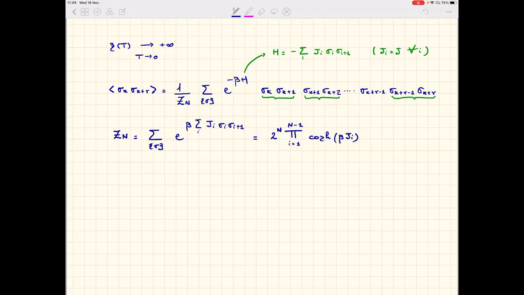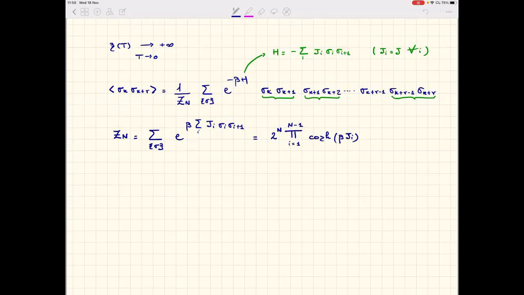So it's the average of products of spins at two different space points. Okay. Why use this average of products of spins? Well, that you understand very well. If I know that this average is positive, I know that my spins are correlated. Why?